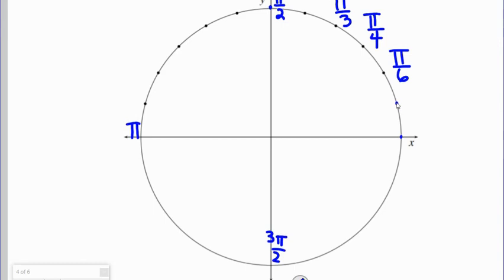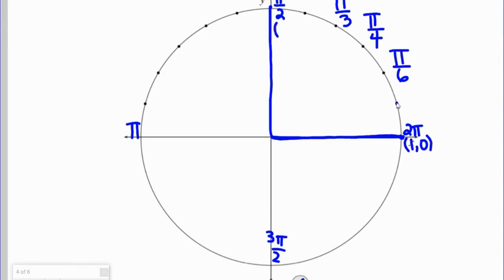Those are our main angles, and when we think reference angles, these are the ones that come to mind. So let me start out with the ones that are right on the axes. If I start at 0 or 2 pi, because that's our starting and our ending, the unit circle has a radius of 1. That means that from here all the way out to this point here, that is 1 unit. So the coordinates here are 1, 0. We can use that same idea for pi over 2.